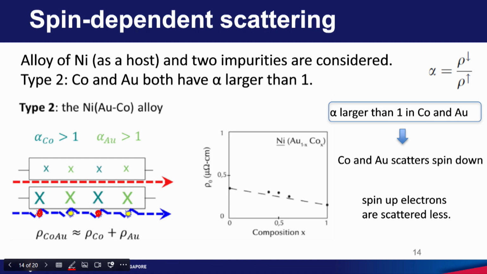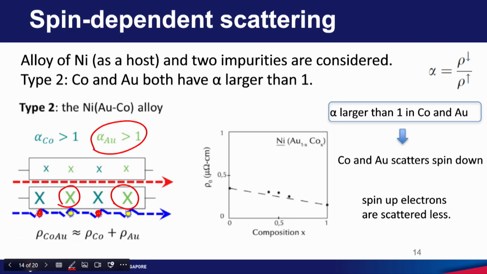Similarly, the gold is shown by this light green. Gold also has alpha lower than 1, so it will also scatter spin down electron. So, you can see these yellow spots shown by these green crosses. This is where the spin down electrons are scattered by gold atoms.